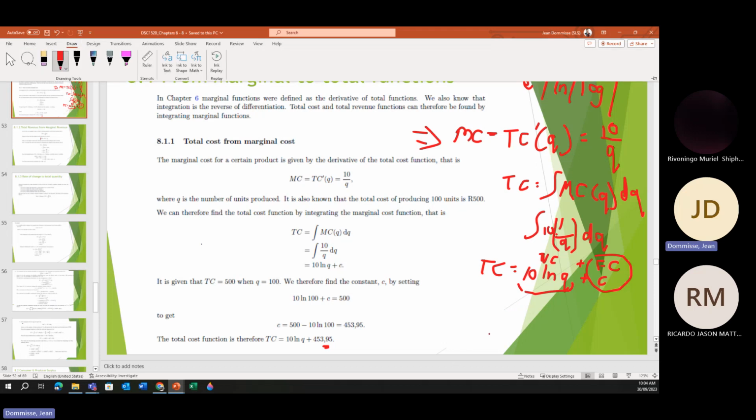So please, when you read the questions, make a note somewhere on paper. If this was question 20, write down question 20: I need to get to a total cost function.